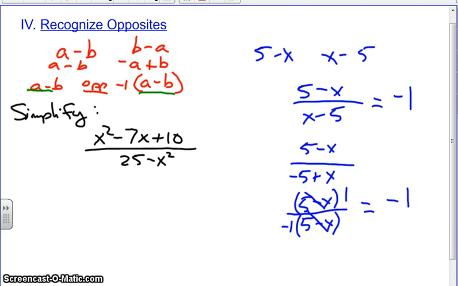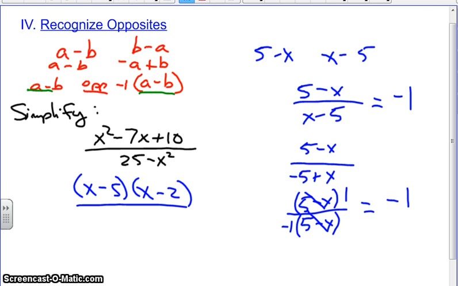So let's try it with this one. If we factor the numerator here, I feel like we've already done this one. But what factors of 10 add up to 7? 5 and 2. Good, 5 and 2. Okay, and then in the denominator we have the difference of 2 perfect squares. So we simply have 5 plus x and 5 minus x, right?